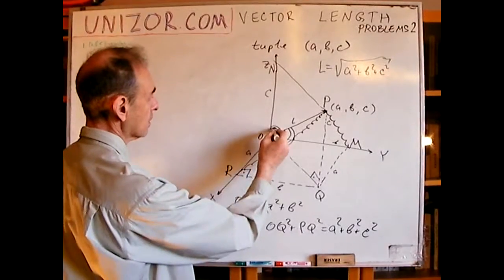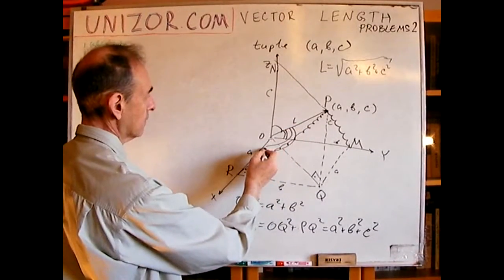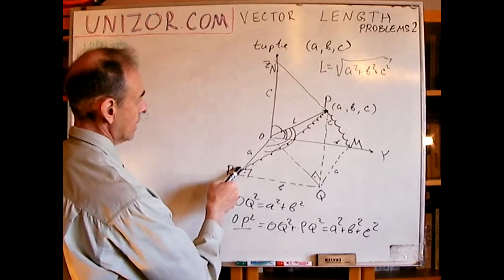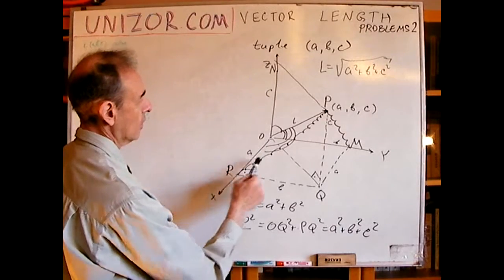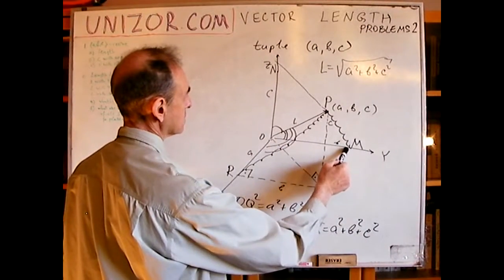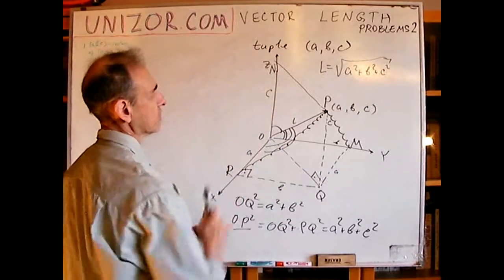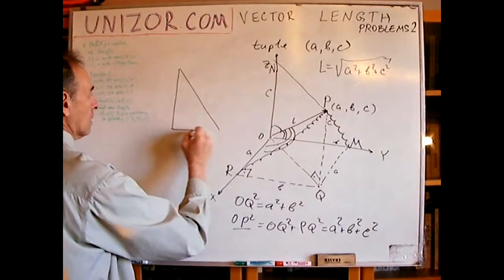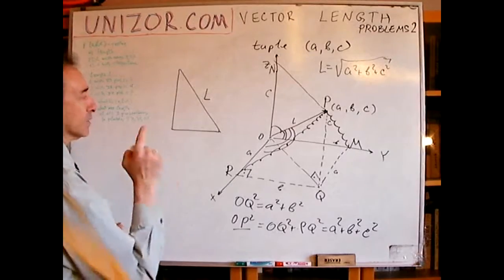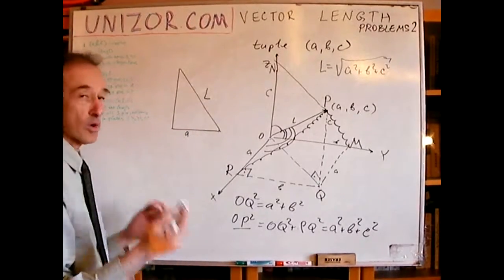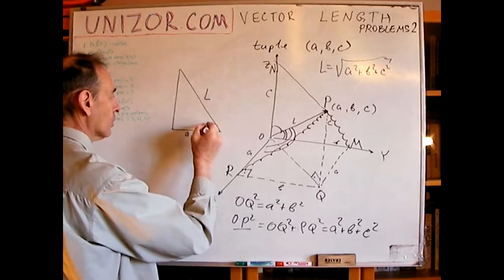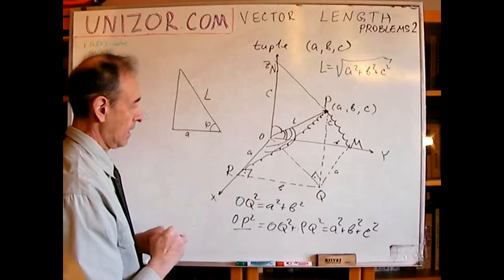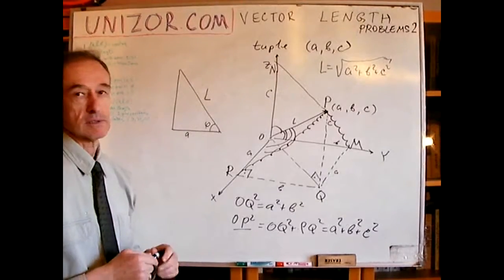Now, we are looking for an angle which is adjacent to this particular cathetus, or this one, or this one. So let's go to the two-dimensional picture. If you have a hypotenuse, which is always L, and one of the catheti, which is A or B or C, and you need to know the angle phi, which is adjacent, how would you calculate the angle phi?